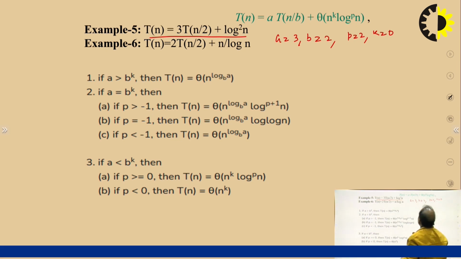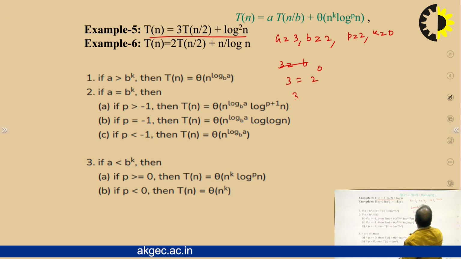Now we are comparing a and b to the power k. a is 3, and b to the power k is 2 to the power 0, which is 1.